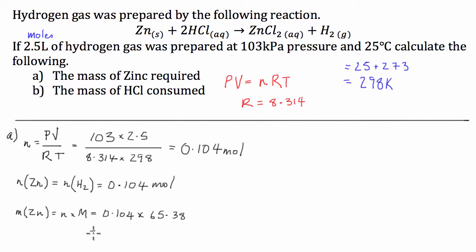And that yields 6.80 grams of zinc. Cool. So that's all she wrote for part A. Now let's just separate it again. Part B.